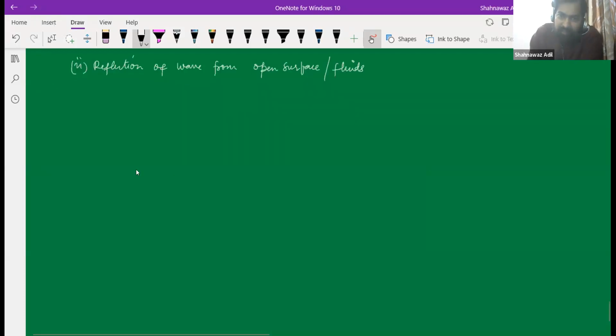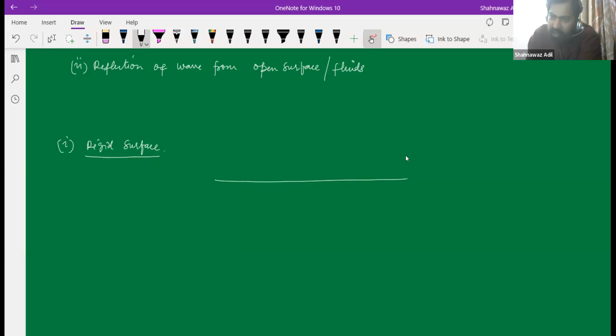So let's say reflection from rigid surface, right? So let's say the wave is traveling and this is the rigid surface. So let's say the wave is coming. This is the incident wave.